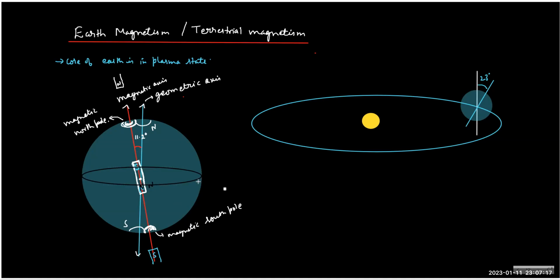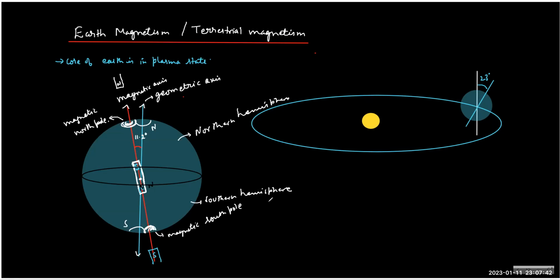This part is called the northern hemisphere, and this is called the southern hemisphere. So we divide the Earth into two parts, northern and southern hemisphere.